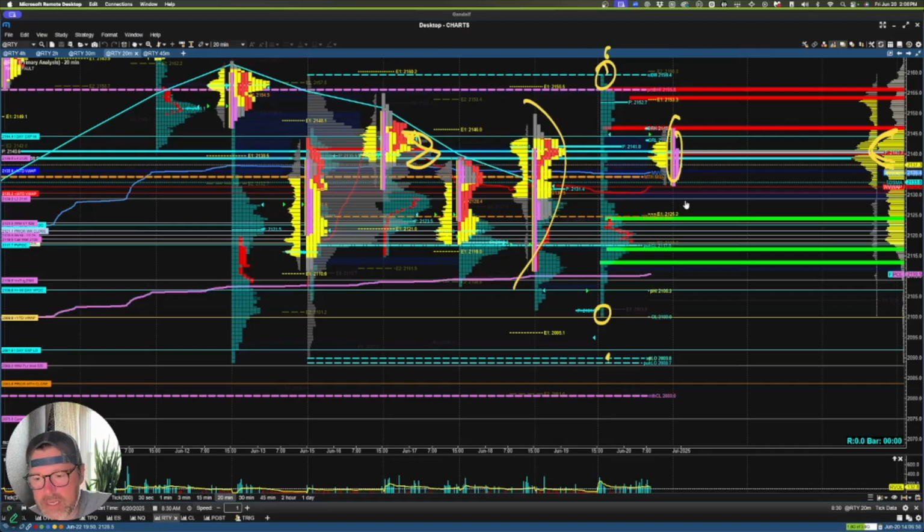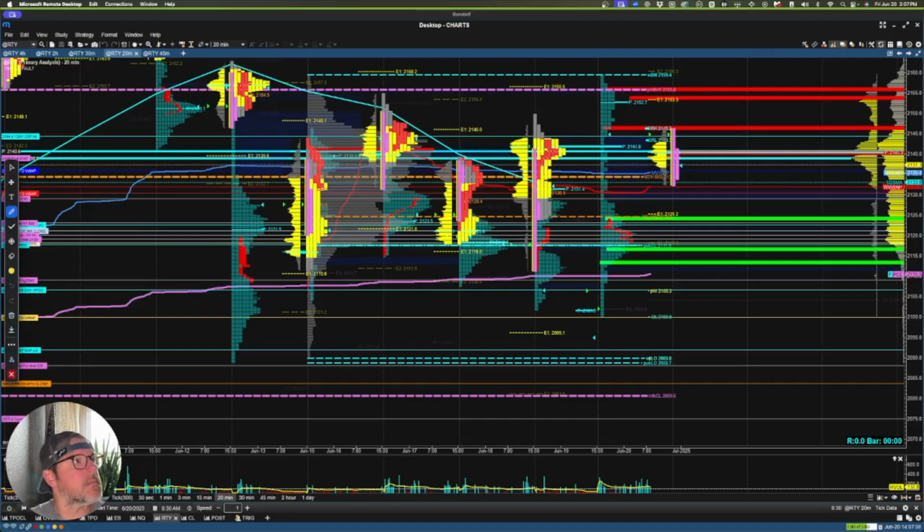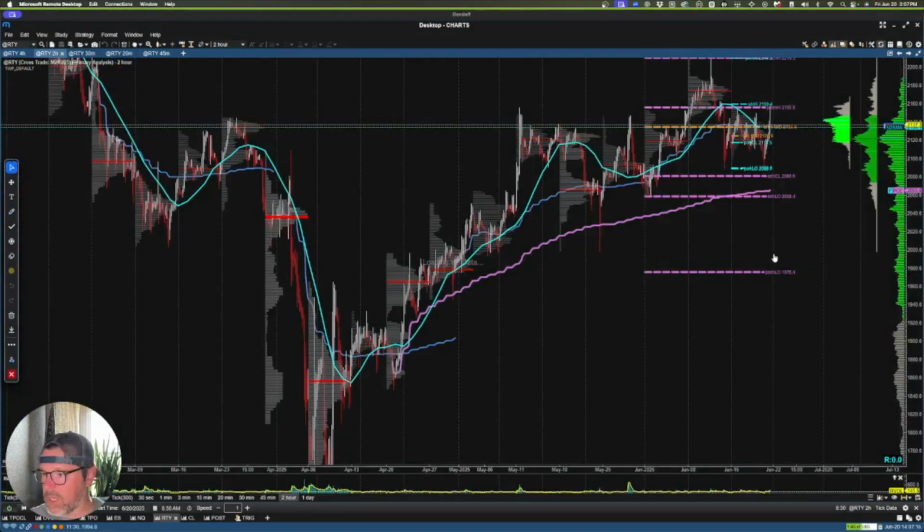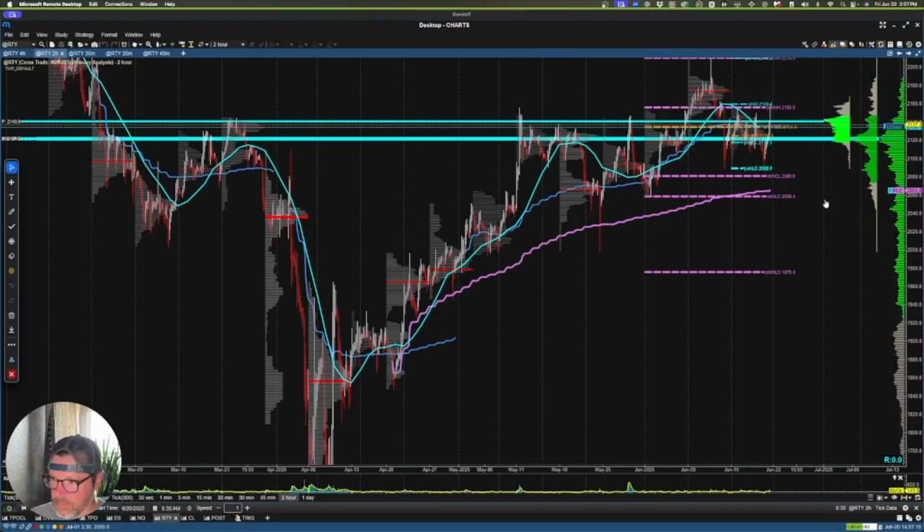And so context for us starts with the relationship of price to value over multiple time frames. So let's just start with looking at a 2-hour time frame here.